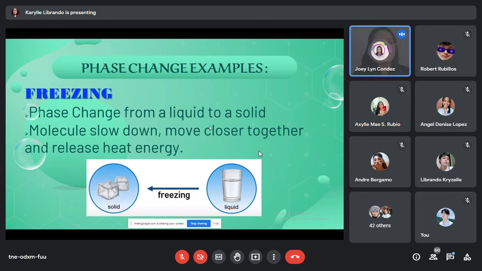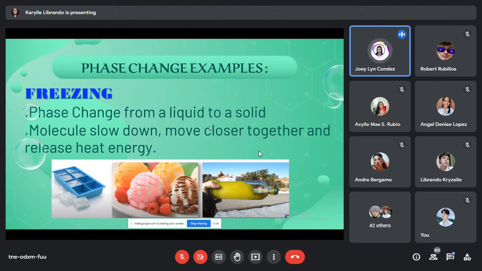We have here examples of freezing, like making of ice, making of ice cream. Look at the last picture. What is the last picture? Color yellow. It's oil, okay?